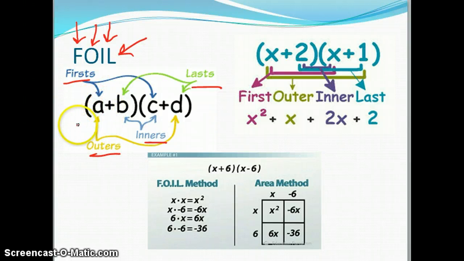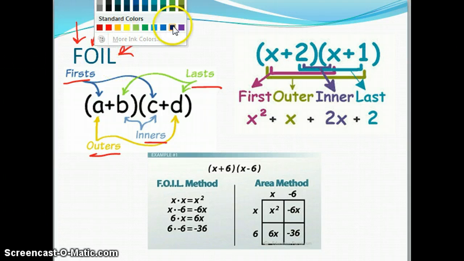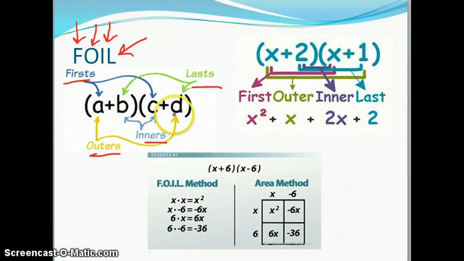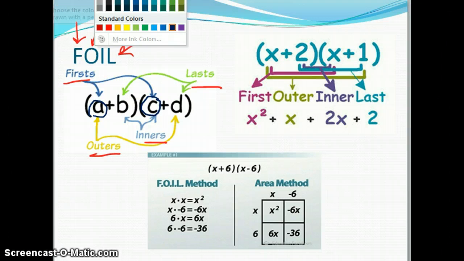So as you can see in this example, what I have is A plus B times C plus D. The first thing you want to do is multiply that A times that C, because those are the first letters in the parentheses. They come first.